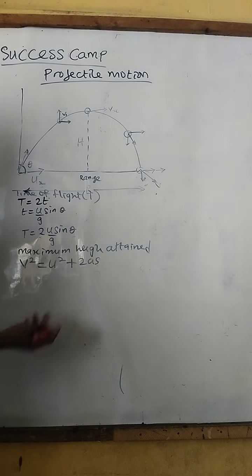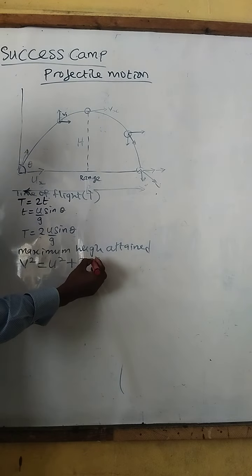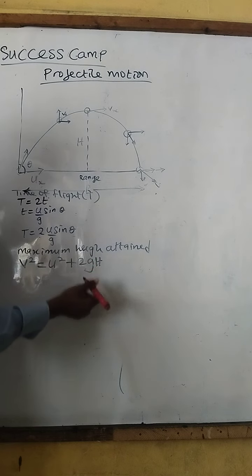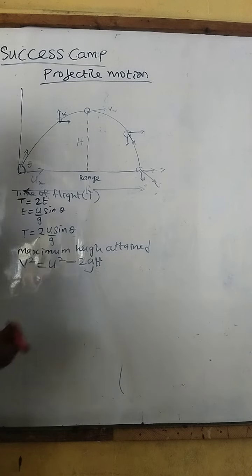But because we are talking about projectile and the objects are going up and they are coming down, we cannot use a, we are going to be using g. And I prefer to use h instead of s. And then because the object is going up, we are going to be using minus.